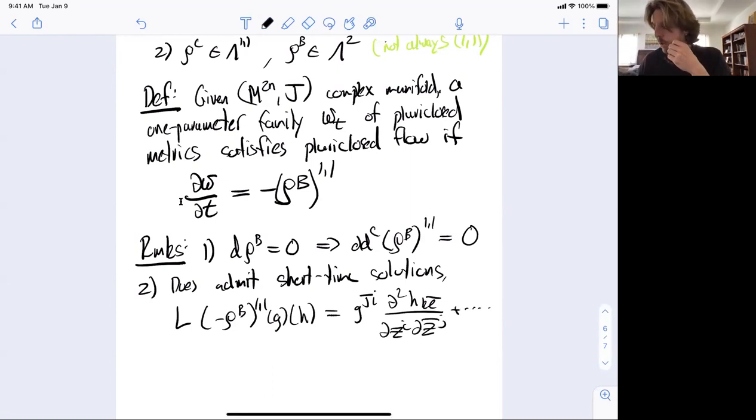So the point is, if I think of this Bismuth-Ricci curvature, the 1-1 piece, as a differential operator on the space of pluriclosed metrics, then its linearization is somehow the simplest possible one.